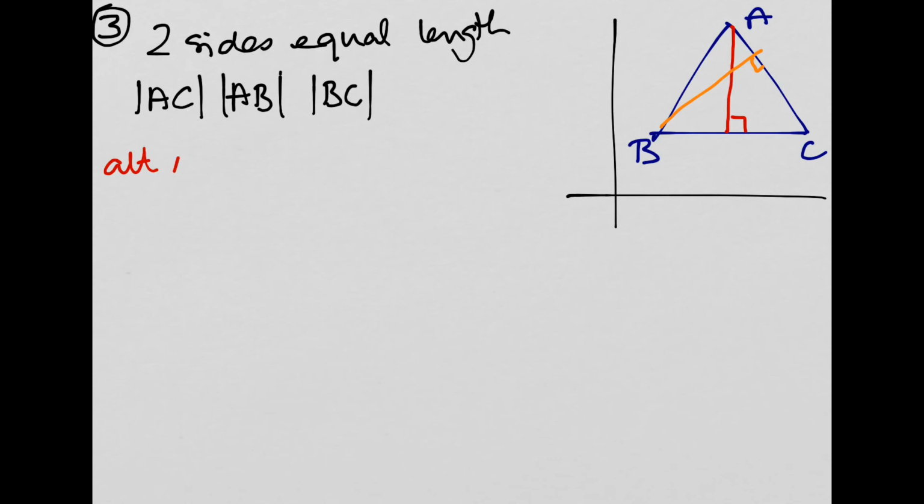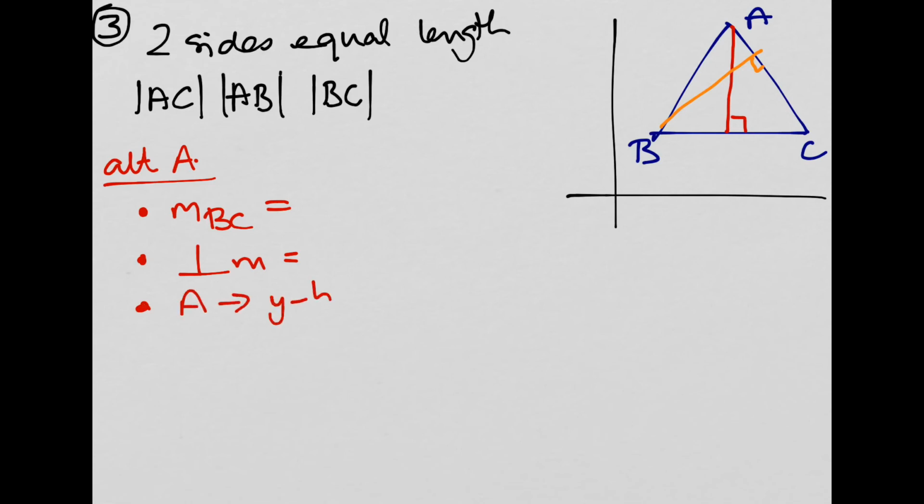The altitude through A. First thing we're going to find is the gradient of the opposite side, which is BC, which you can do. Then you're going to find the perpendicular gradient, which should be okay to get. And then thirdly, we use the point A and substitute that into y minus b equals m(x minus a). And then you repeat it for the orange line, for the altitude through B.